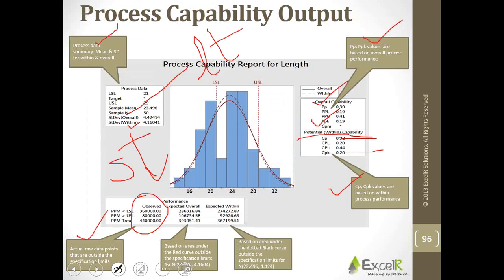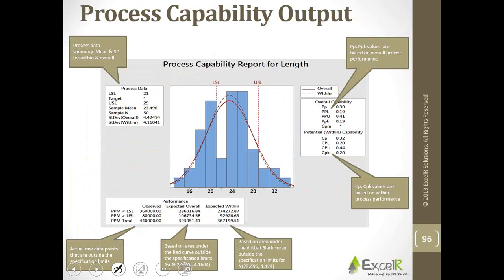Based on the area under this red curve, there is a black dotted line and a red line if you notice clearly, the area under the red curve which is outside the specification limits is for a normal distribution with mean so much and standard deviation so much.